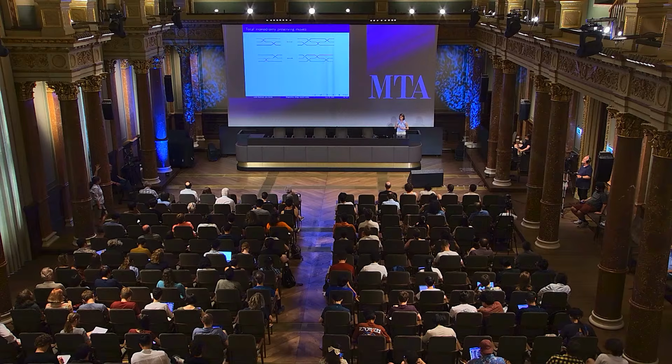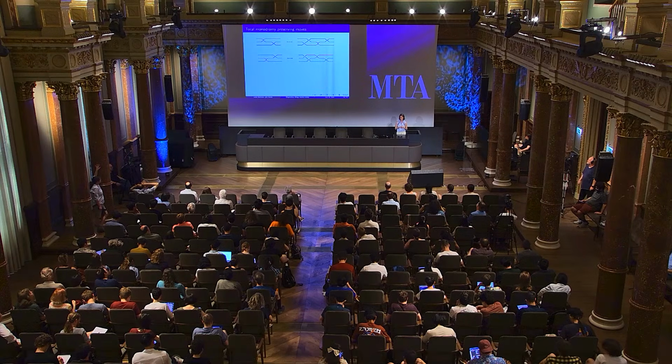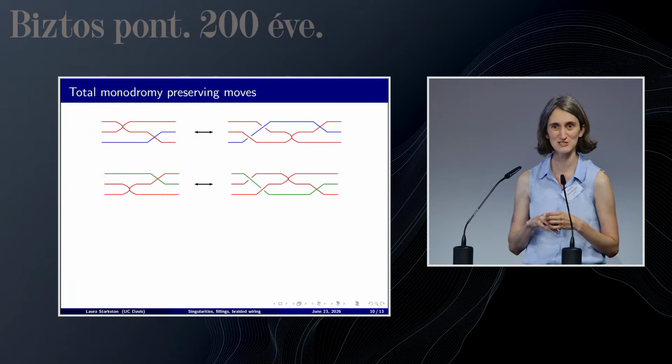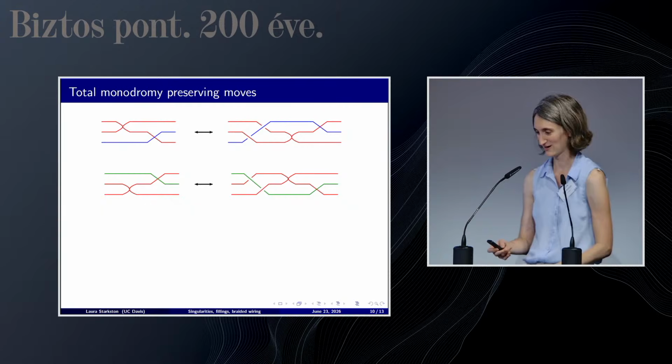So we don't currently have a complete calculus for either of those equivalence notions, but we do have moves that do preserve the thing that we care about and are useful. So that's where we are so far.